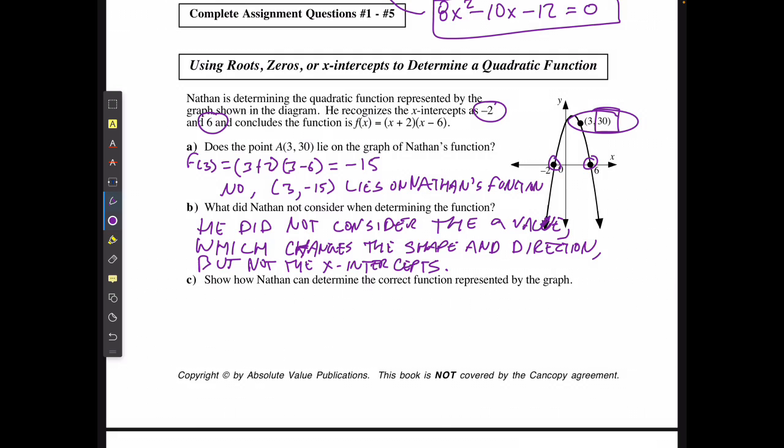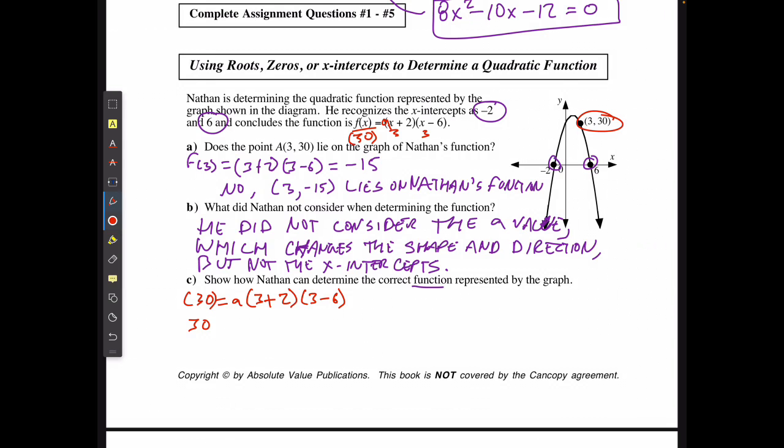So, if I want to determine how to find the correct function, then I'm going to take the other point that I know exists. It says clearly that 3 and 30 exists, and I'm going to replace y with 30. I'm going to replace the x's with 3, and I still know that there's an a value I'm going to have to solve for. So I would say that 30 is equal to a bracket 3 plus 2 times 3 minus 6.